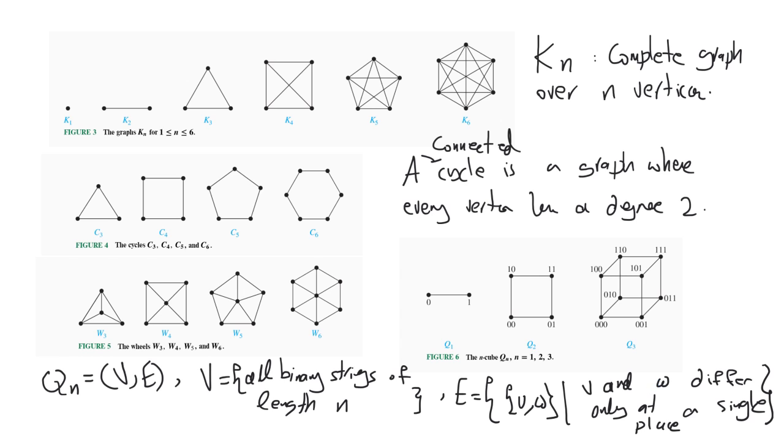And therefore the degree of every vertex in a hypercube is exactly the number of bits in it, because you can change each one of them and you go to another vertex. And the structure of this graph is like an n-dimensional cube.